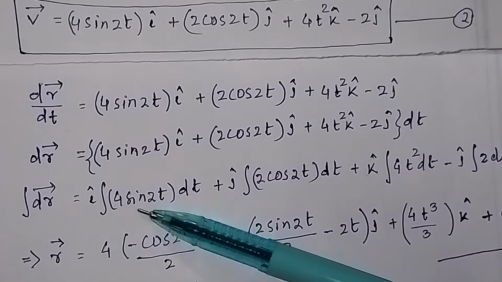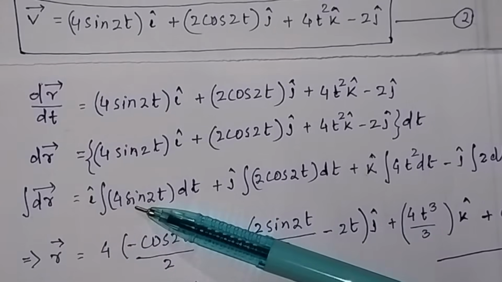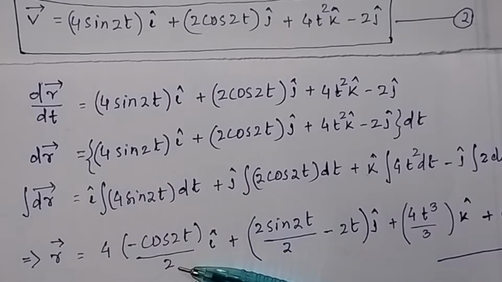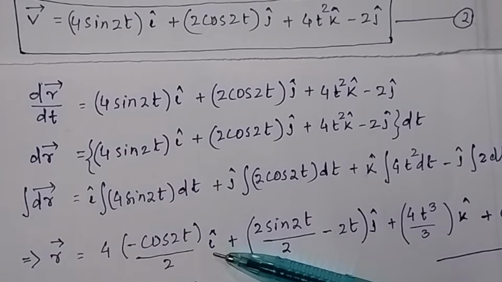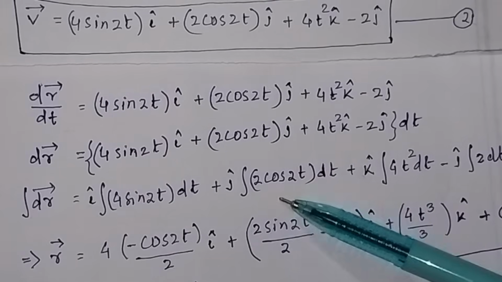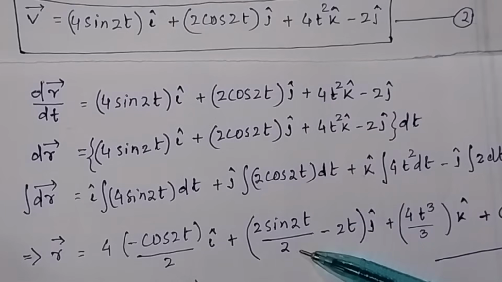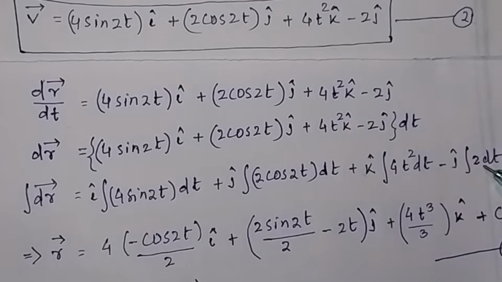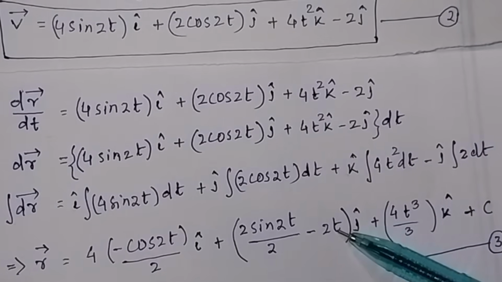So integrating both the sides, integration of dr will be equal to r, then integration of sin 2t dt will be equal to minus cos 2t divided by 2, and you can take 4 outside, into i cap, plus integration of 2 cos 2t, that is integration of cos 2t dt, is equal to sin 2t divided by 2. You have 2 here as constant, minus integration of 2 dt, j cap, I have taken it here.